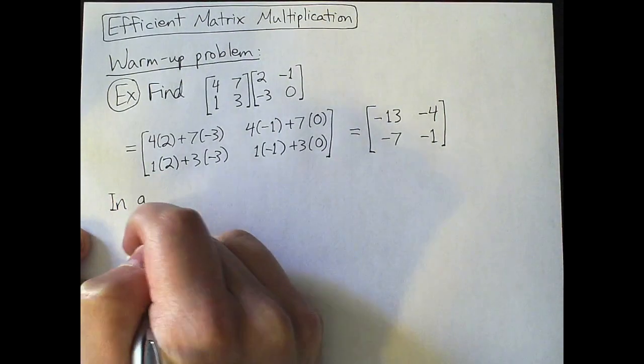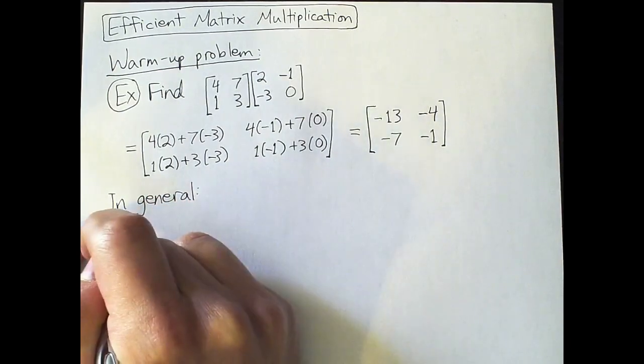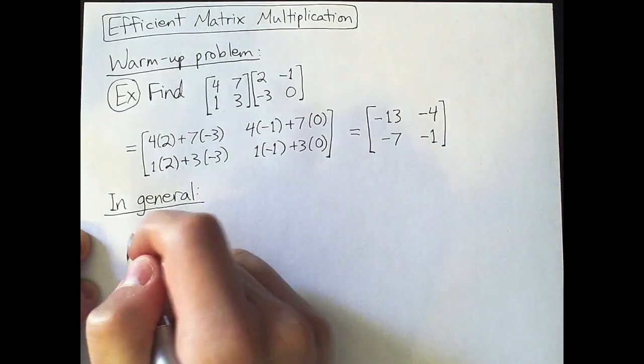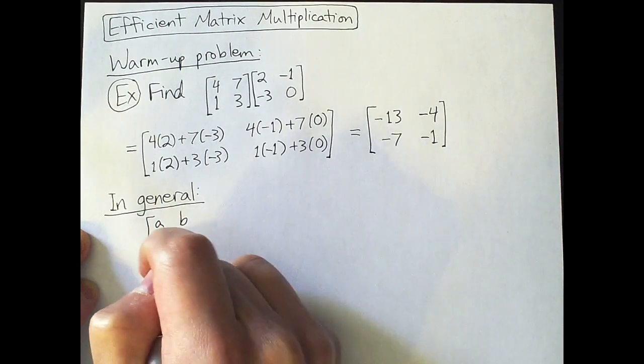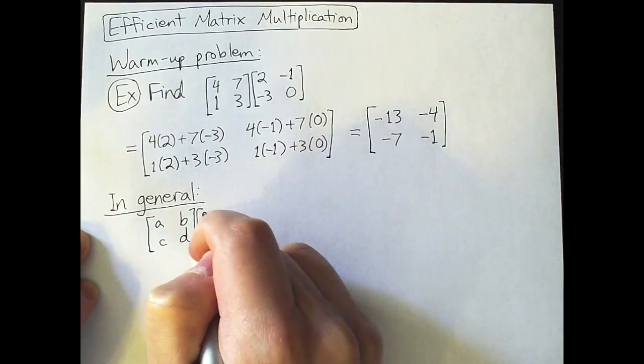Let's talk in general about matrix multiplication. And for right now, we're going to focus on this 2 by 2 case. So in general, if I want to do a 2 by 2 matrix, let's say the entries are A, B, C, D, and I'd like to multiply it by another 2 by 2.